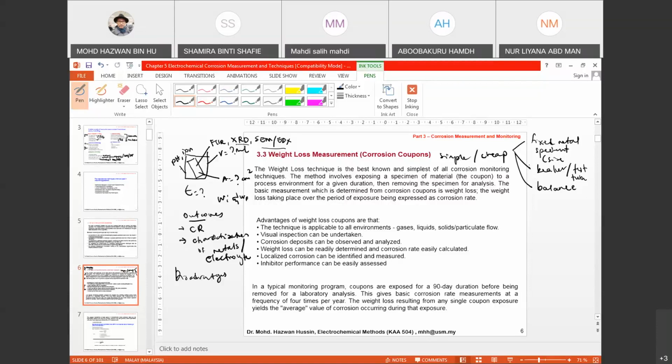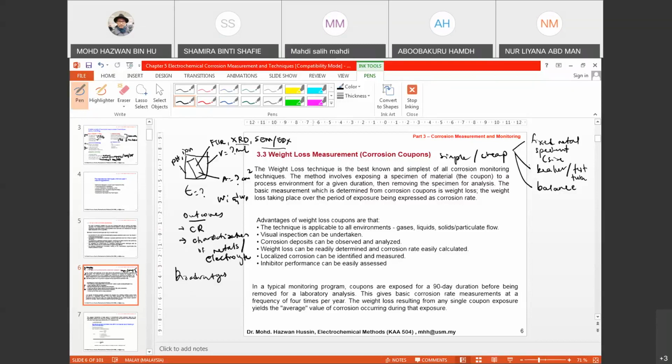What would be the major disadvantages of this method, the weight loss method?